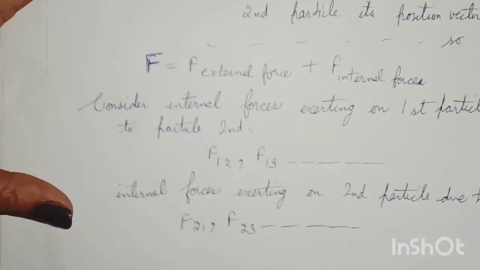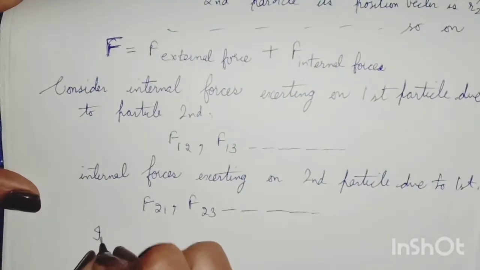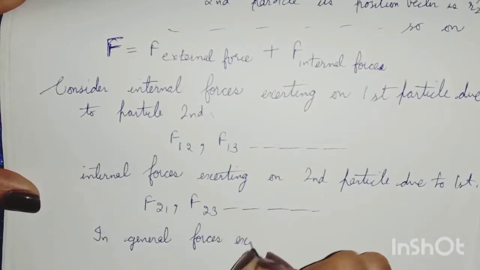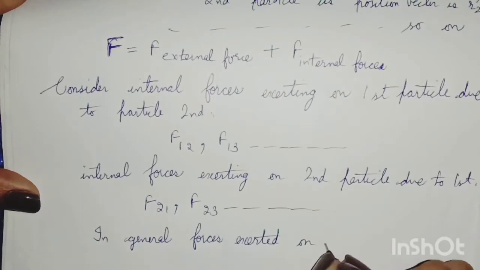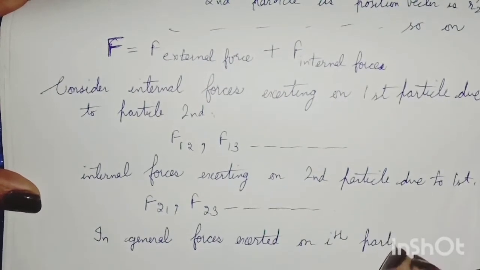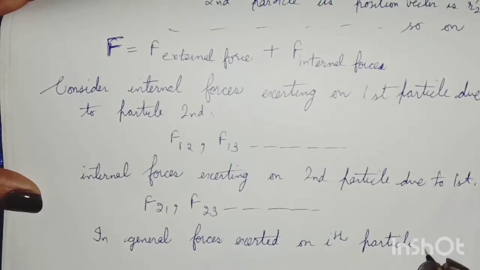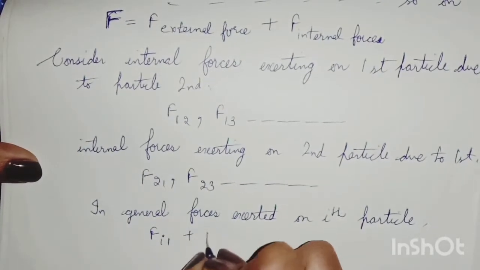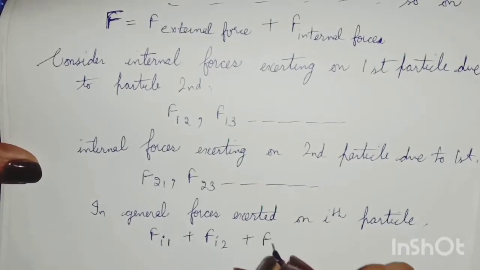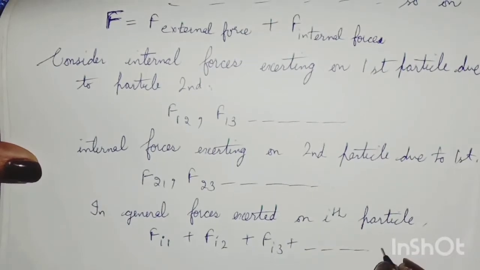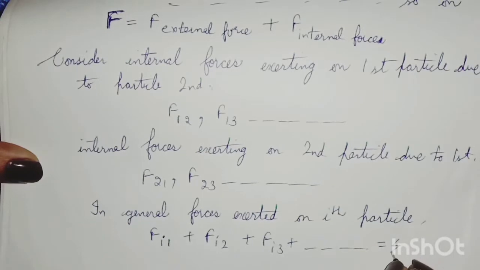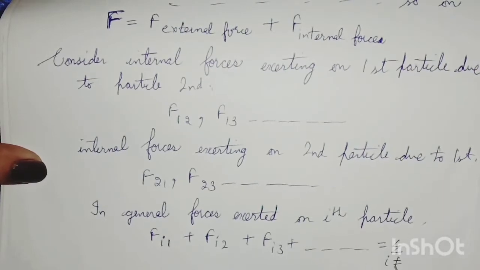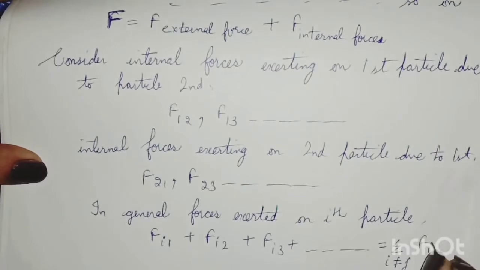Now, in general, the force exerted on the ith particle is Fi1 plus Fi2 plus Fi3 and so on, equals summation over j, where i is not equal to j, of Fij.